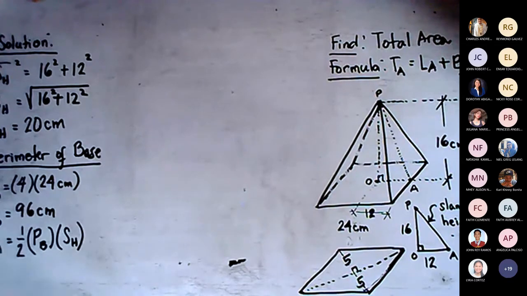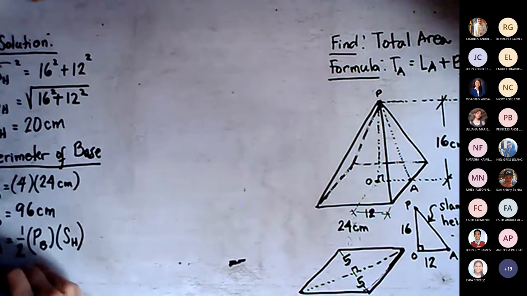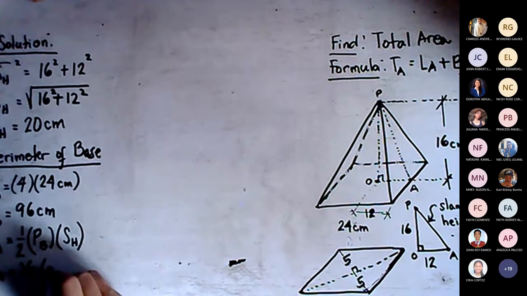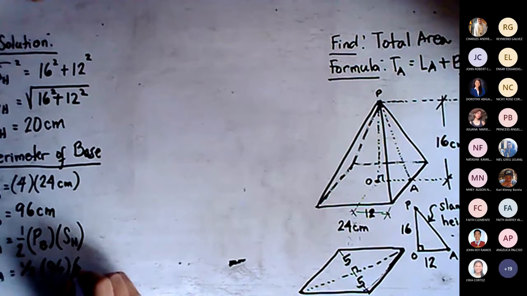That is according to our theorem that we discussed. So that means lateral area is equal to 1/2, the perimeter of the base is 96, and the slant height is 20.